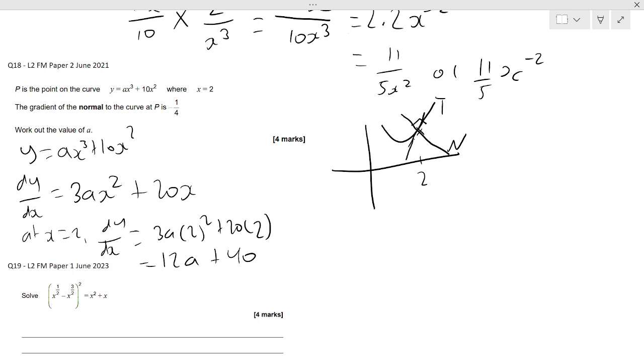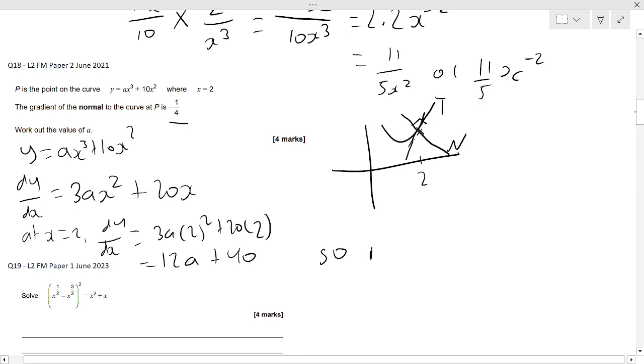And so essentially, the gradient of the normal and the tangent are perpendicular, right? So how do we work with a gradient of two perpendicular lines? Well, you take the negative reciprocal of one another. So we could take a negative reciprocal of this, or I think the best way is to take a negative reciprocal of this instead.